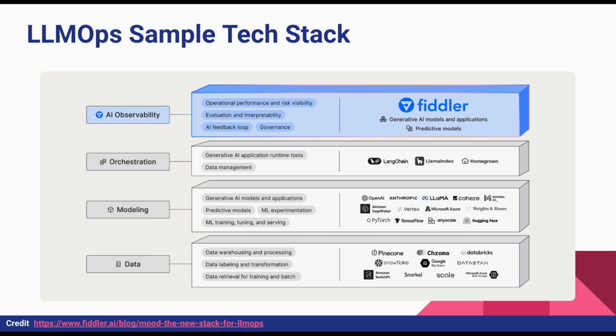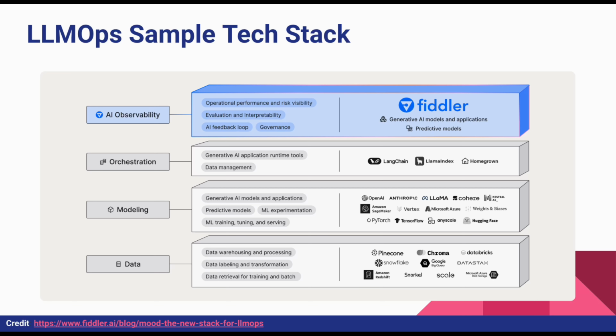Above this bottom layer is the modeling layer. This is where all your machine learning models are trained, tuned, and served. It also has the predictive models, the ML experimentation layer, and also all the generative AI models and applications are in this layer.